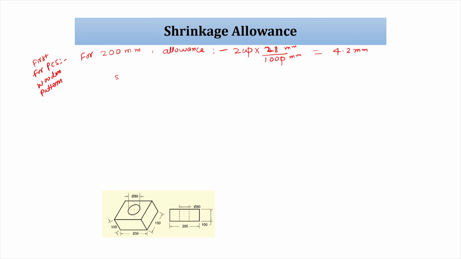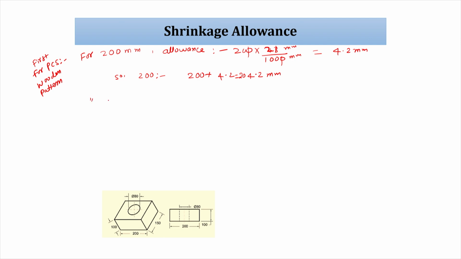So 200 mm will be 200 plus 4.2, which is 204.2 mm. The initial dimension will be 204.2.